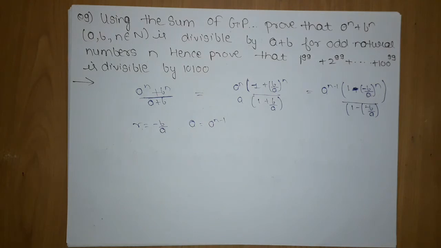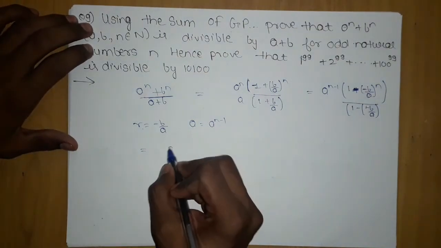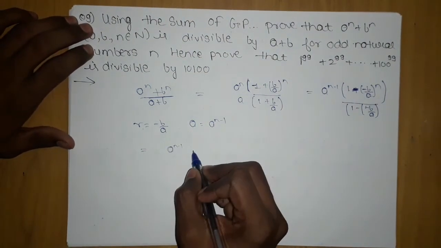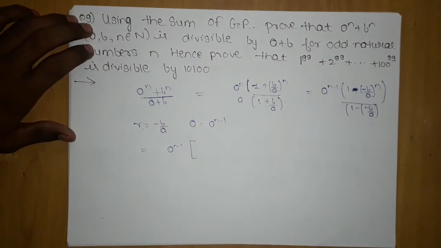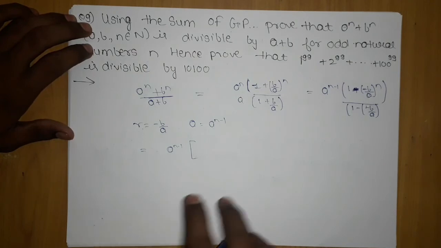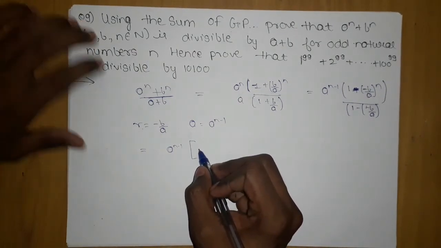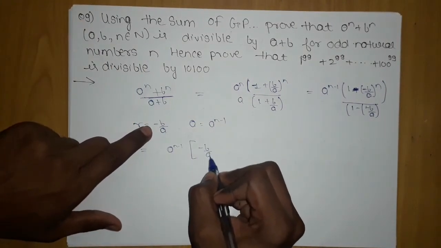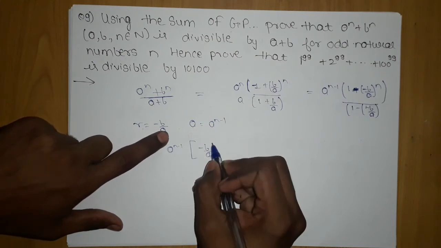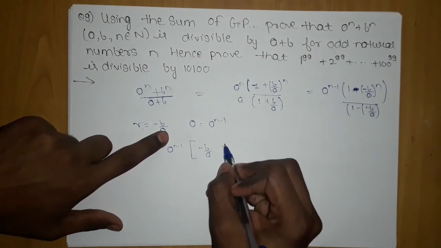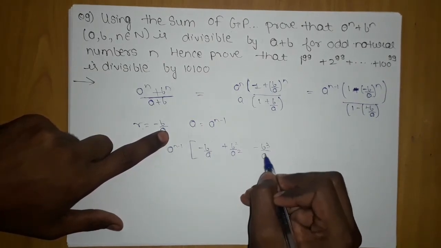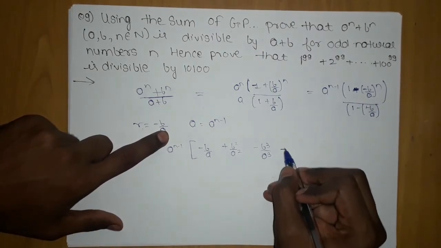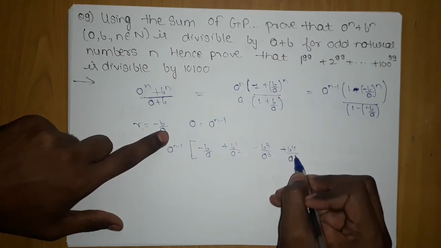So can we form the series? Yes. The first term is a power n minus 1, and the second term is what? If I take a common, a power n minus 1 will be everywhere. Then this will be minus b by a for power 1. For power 2 it will be b square by a square, for power 3, minus b cube by a cube, similarly for power 4, b power 4 by a power 4.